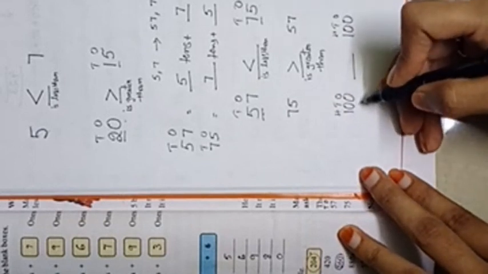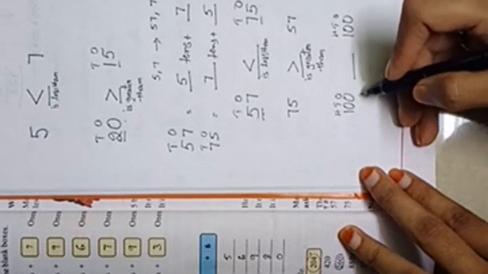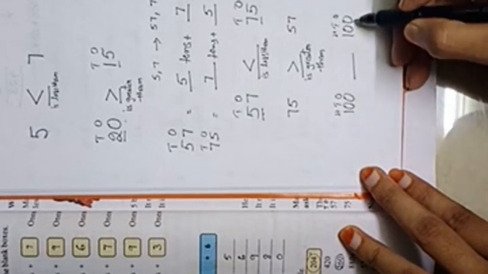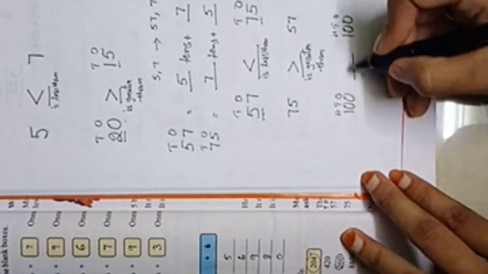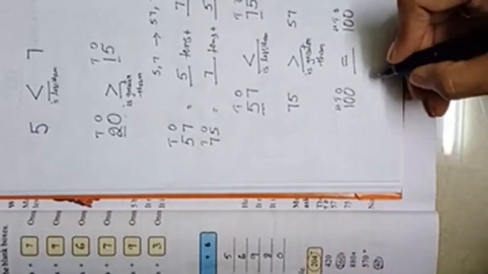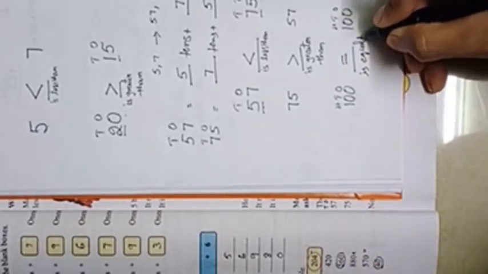The tens place digits are also the same, so we check the ones place. Here we have 0 and here also 0. So both sides have the same number. Then we put the equal to sign here. Is equal to. Children, I hope you understood.